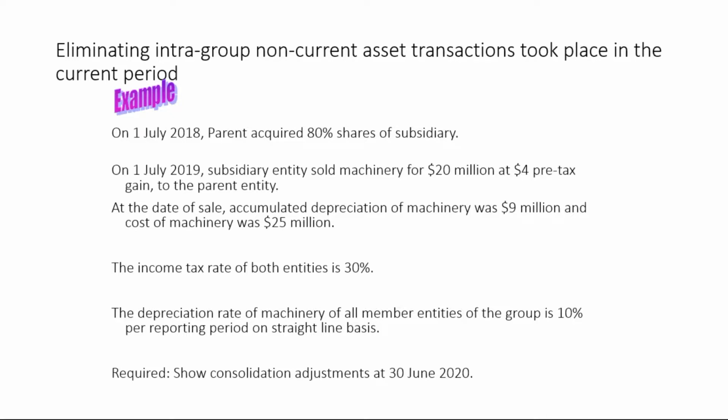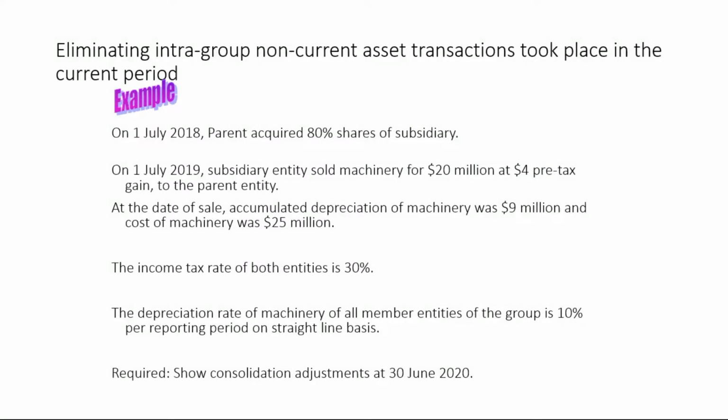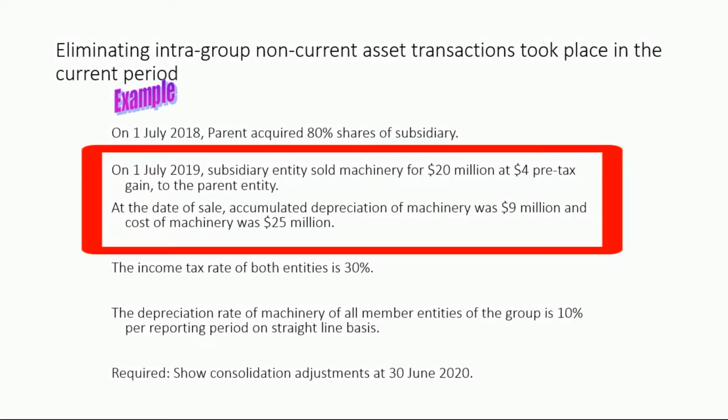So if we look at an example here, the parent acquired 80% of ownership in the subsidiary on 1st of July 2018. And in the current year, for this example, starting from 1st of July 2019, the subsidiary sold a machinery for 20 million with a pre-tax gain of 4 million.